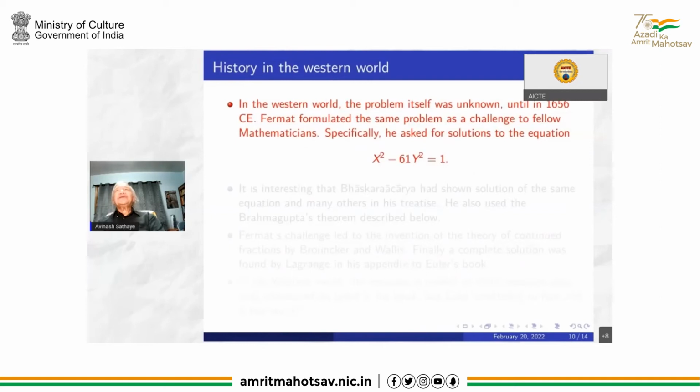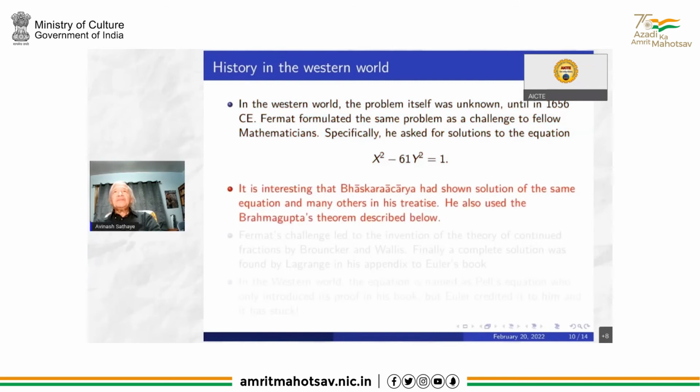In the Western world, the problem itself was unknown until 1656 CE, when Fermat formulated the same problem as a challenge to fellow mathematicians. Specifically, he asked for solutions to the equation x squared minus 61y squared equal to 1. It's interesting to note that Bhaskaracharya had shown the solution to the same equation, and many others, in his treatise.